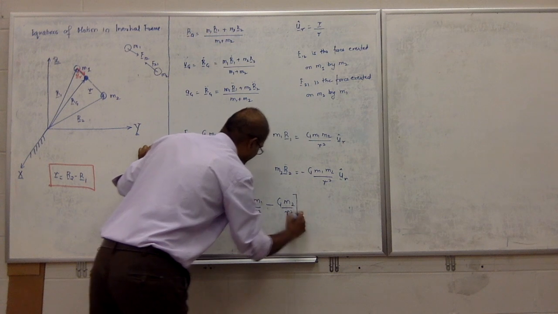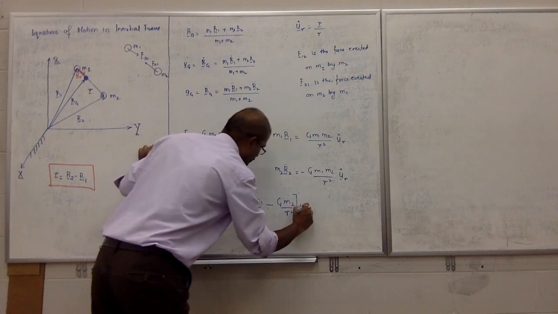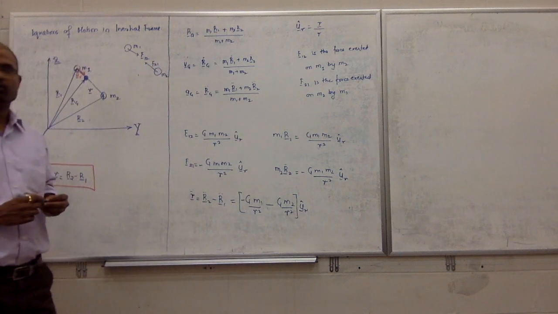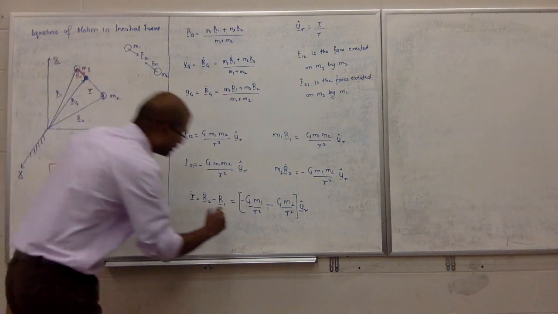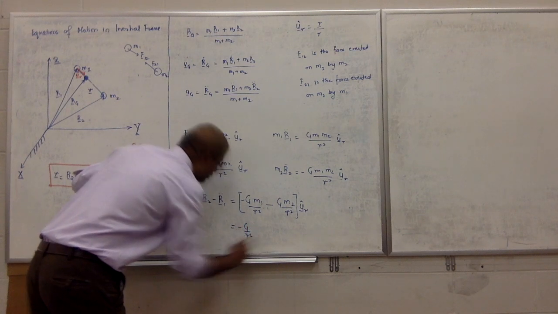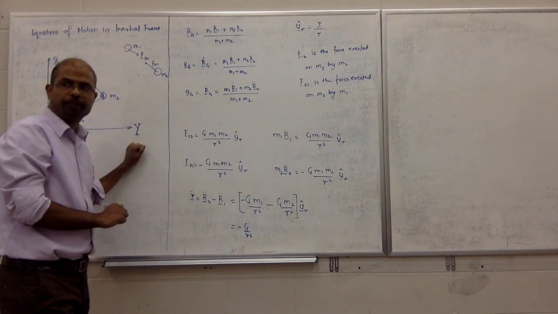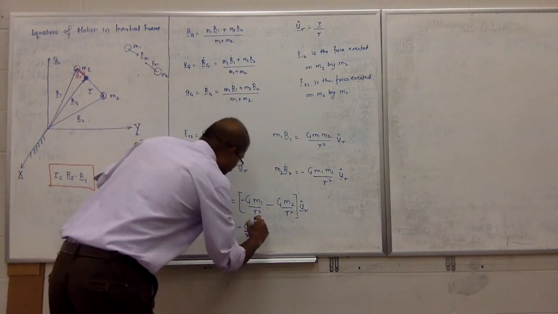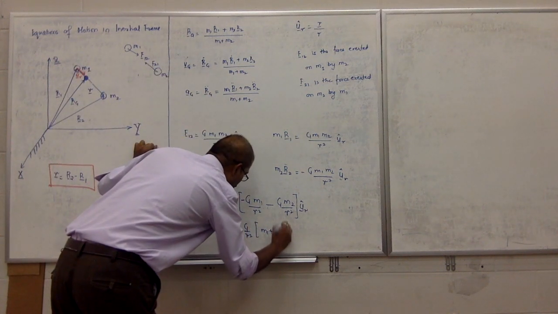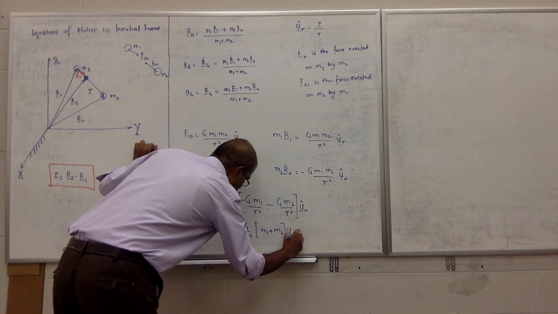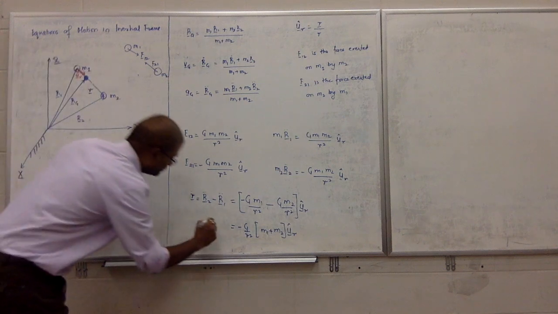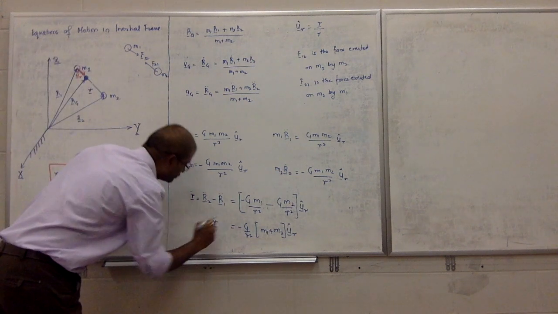And this whole thing can be written as minus G over R squared, and you can write this as M1 plus M2. Got it? You with me?